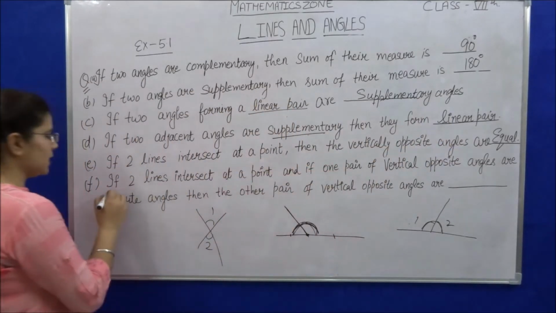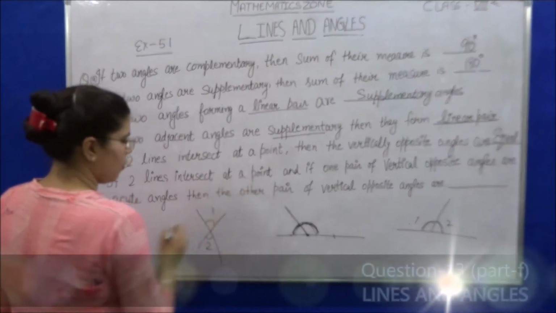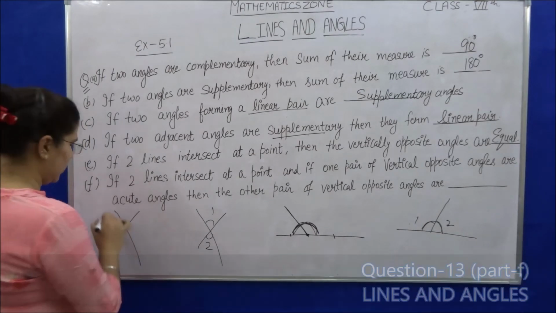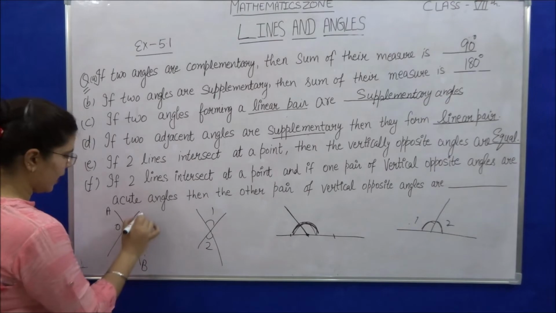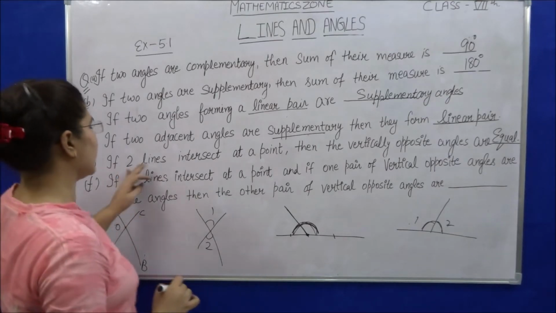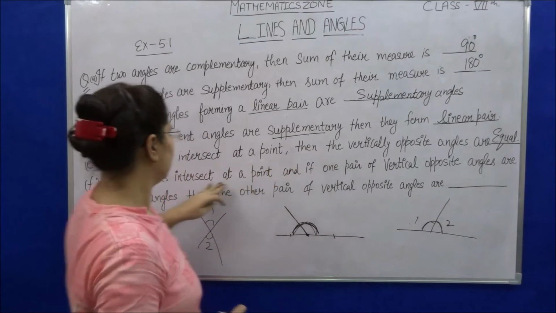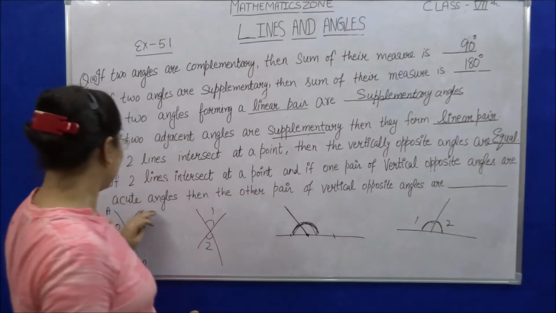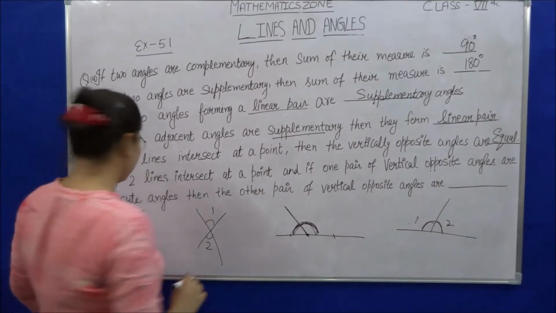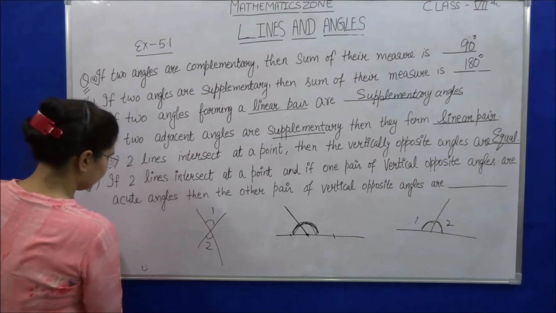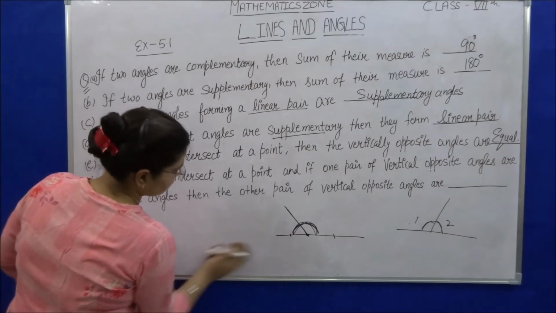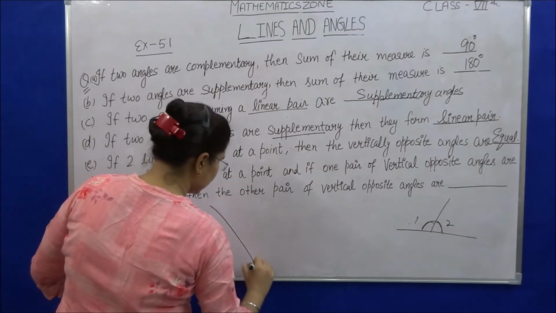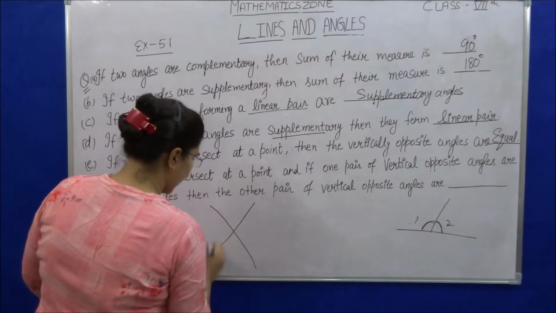Now next is if two lines intersect at a point, let us suppose two lines intersect at a point O, let them be AB and CD.